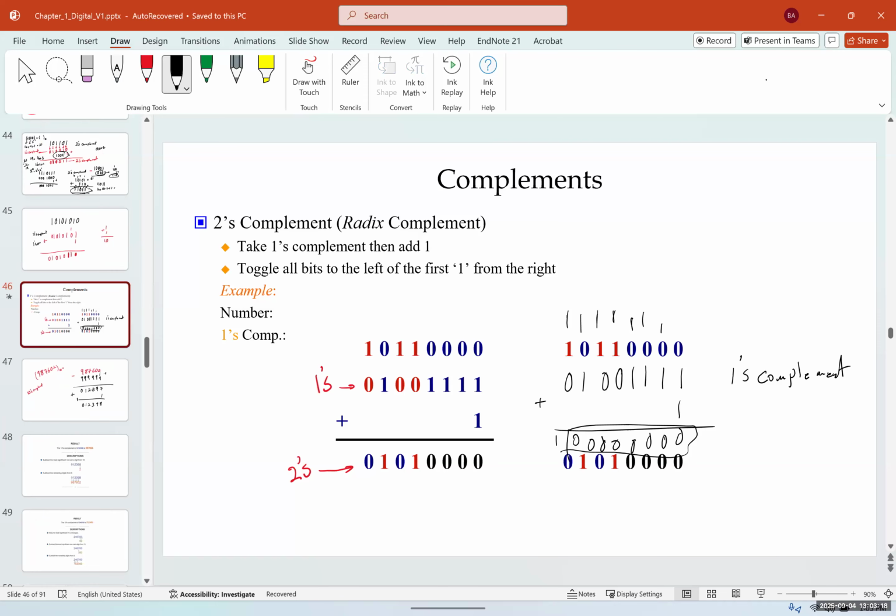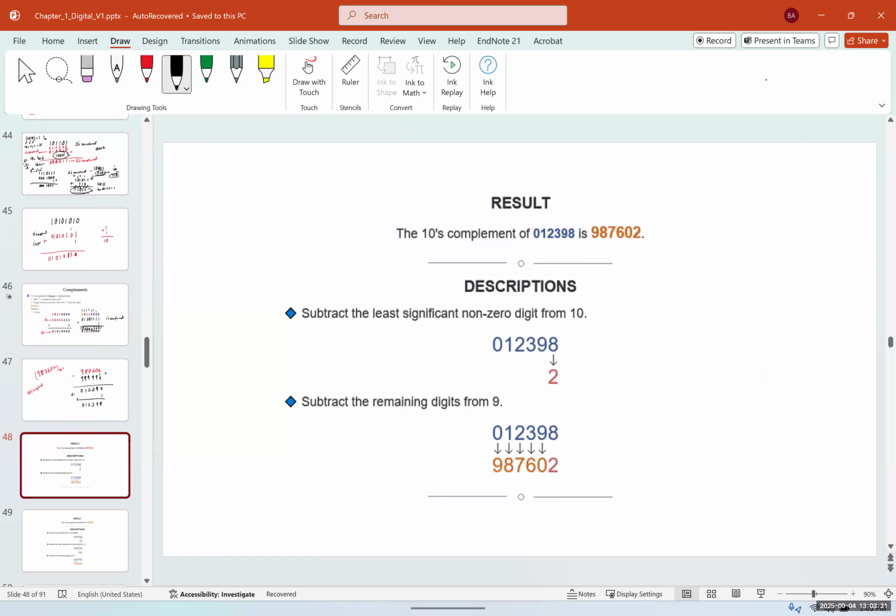Now, another way to find the complement, if we want to find the radix complement or the tens complement for a decimal number, for example, here we have the number 012398. What we do is subtract the least significant non-zero digit from 10, and then subtract the rest from 9.